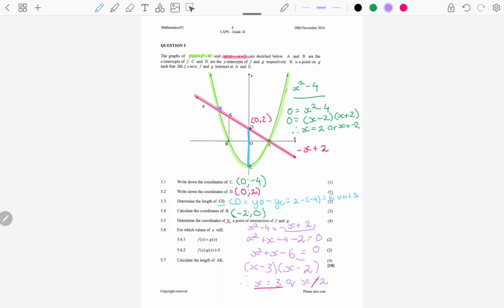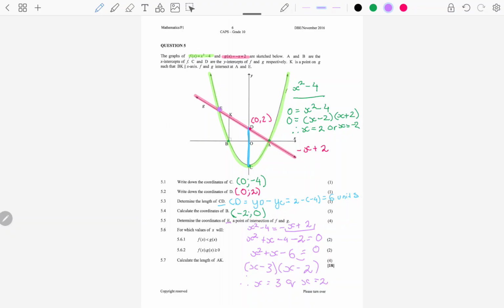So once we have that equation, I'm going to plug it into my straight line. So negative 3. Sorry, I miscalculated, didn't I? I made another mistake.